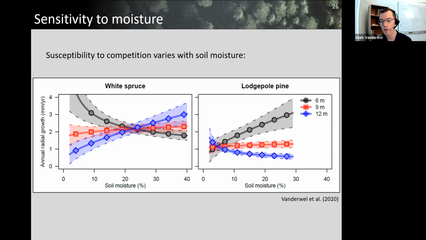If it had either high competition for light or less access to soil moisture, either of those conditions would be associated with a strong reduction in growth. So for pine, it really requires both light and water in order to grow well. For spruce, it seems to do well if it has just one of those two resources.